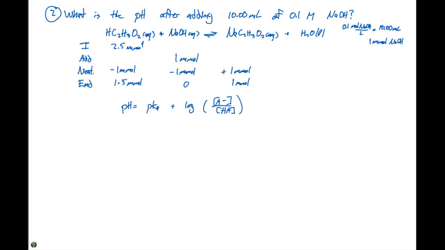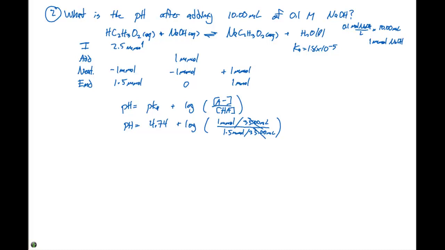This means our pH is going to equal the pKa, which remember for acetic acid the Ka is going to be equal to 1.8 times 10 to the minus 5, which means the pKa is 4.74, or the negative log of that, plus the log of the concentration of the A minus, which will be 1 millimole divided by 35.00 milliliters, divided by 1.5 millimoles, also divided by 35.00 milliliters.